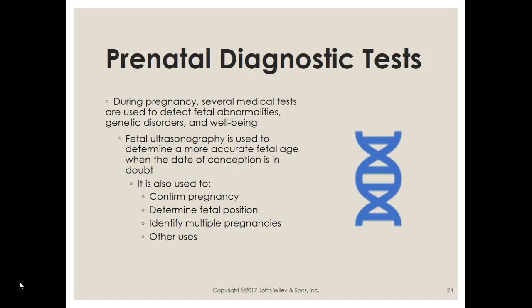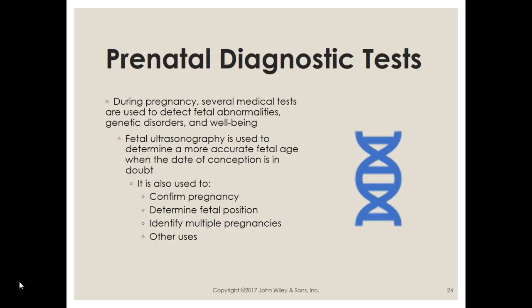So it's used very commonly just to confirm that there is a pregnancy, to evaluate the viability of the fetus and if the fetus is growing properly, to determine the position of the fetus, and to identify if perhaps there are multiple pregnancies or if there are any type of abnormalities that can be detected with the ultrasound, because technology has developed to a point where we get very good images using ultrasound. It can also be used to aid in procedures such as amniocentesis that we'll look at in just a moment.